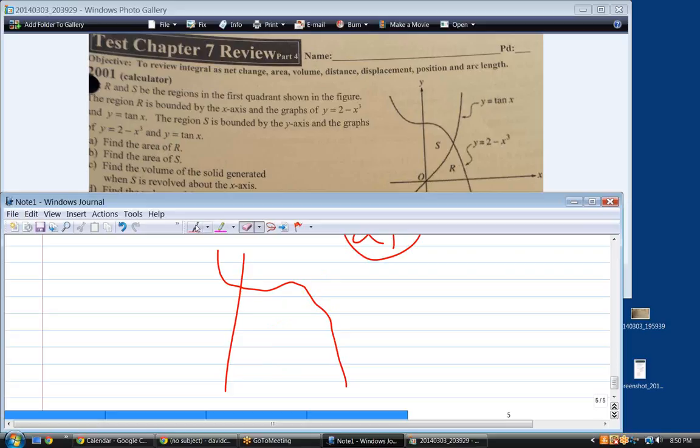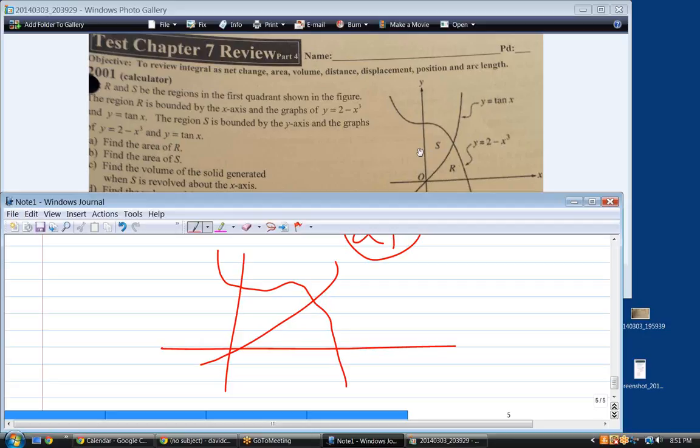Okay? If I divide that thing up into horizontal rectangles, then the whole thing is the right function minus the left function. I'm going to go from 0 up to the y coordinate of that intersection. All right.